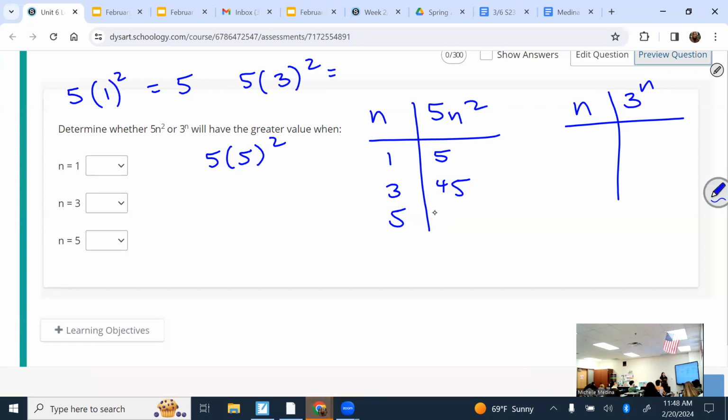Sounds right. Yes, I think so. Someone can correct me with the calculator. But yeah, so you plug it in. You need a table to organize it, but that's how we're getting the values in the table.